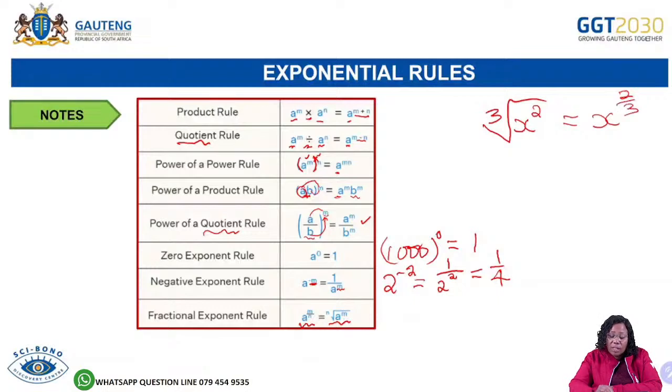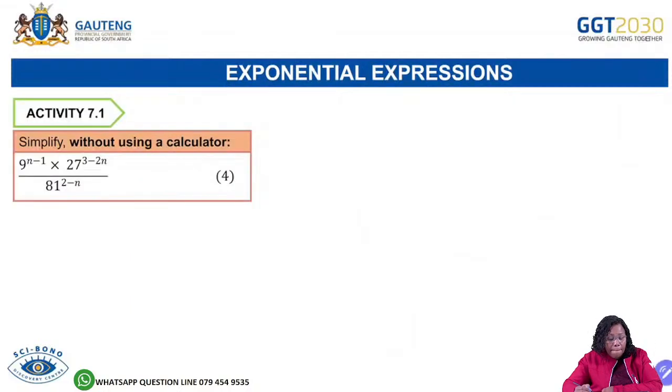Can you see that? If I'm taking this back to its surd, that means this 3 will go to the surd there, and then I will be left with my x squared. So that is what this rule means: writing your rational exponent in surd format, or writing your surds in exponential form.